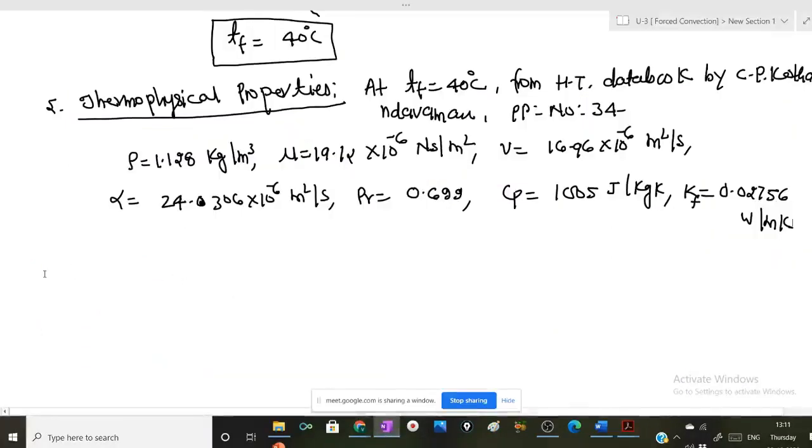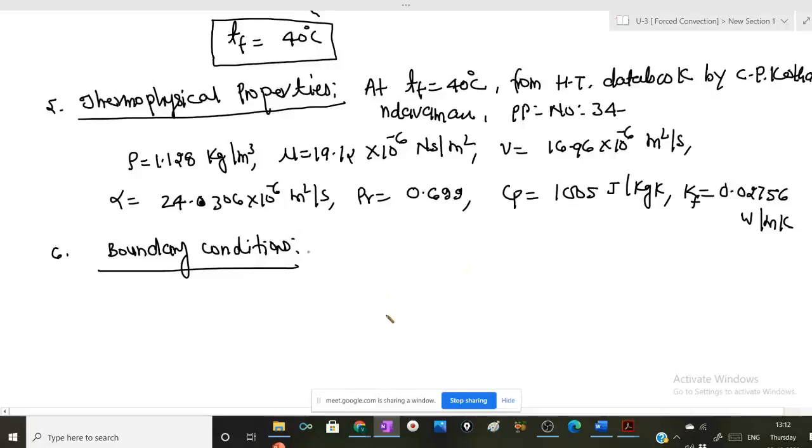Now step number 5. Sorry, this is step number 5. Step number 6: identify the boundary conditions. Can someone tell me what will be the boundary condition by turning on his or her mic? Whether constant wall temperature or constant heat flux boundary condition.